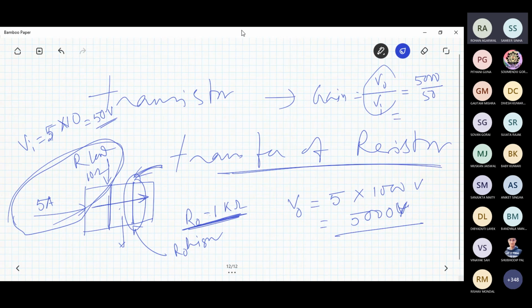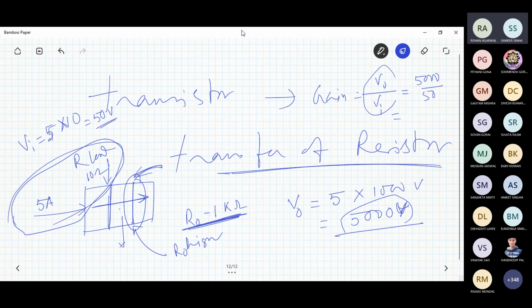It all depends. You are disrespecting what I have told. I have taken an arbitrary value just to tell you what is the meaning of R0 by Ri. Now don't tell me whether it can sustain 5000 volt or not. Otherwise I could have given 0.1, and then the calculation would have taken certain time.